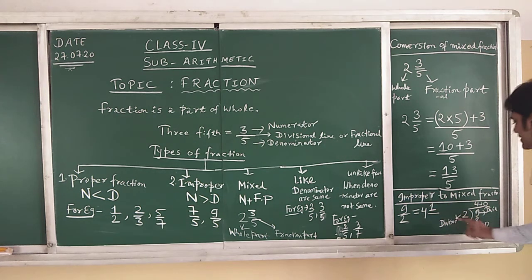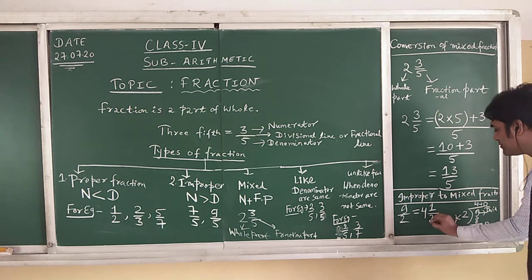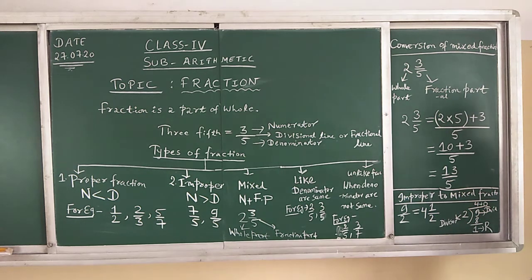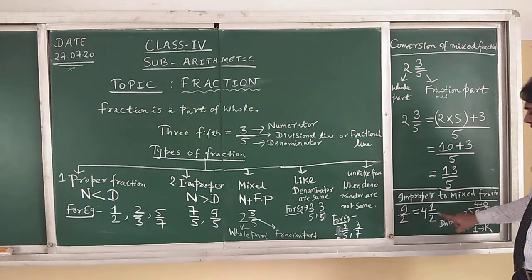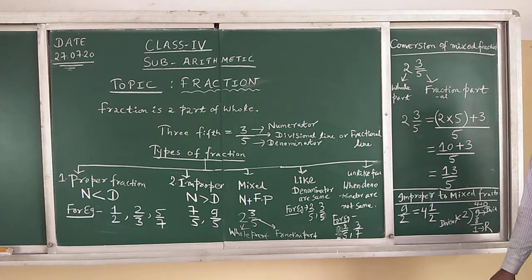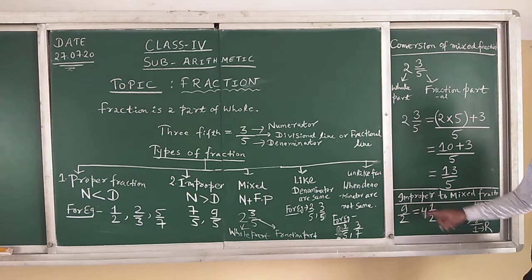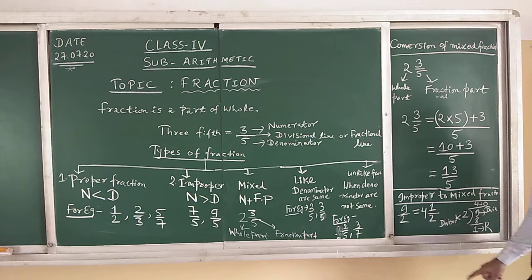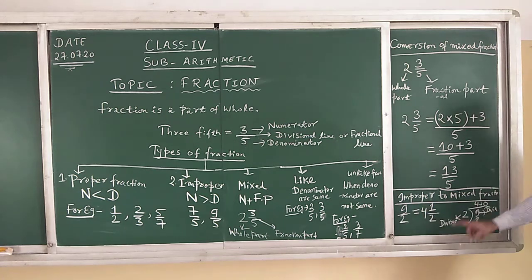And the below part is your divisor. So we can write this 9 upon 2 as 4 whole 1 upon 2 in mixed fraction. That is what we do when we want to convert an improper fraction into a mixed fraction.